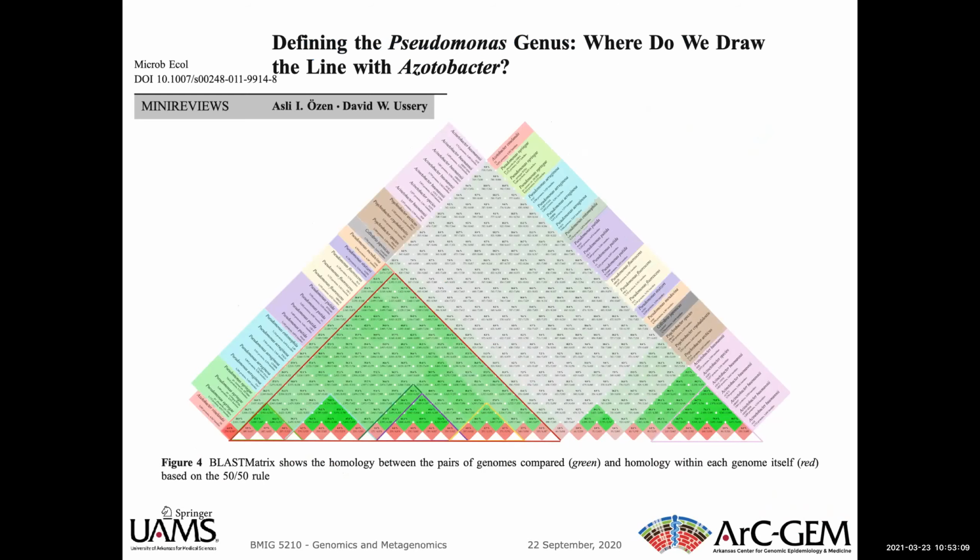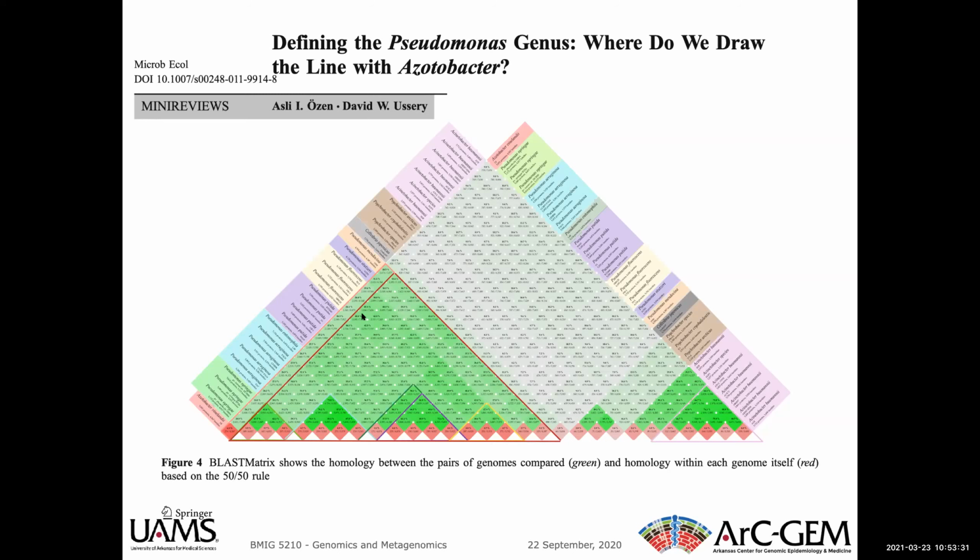So Pseudomonas, and this is a wonderful paper from Assemblies, one of my students. And the question is, Azotobacter is supposed to be a completely different genus outside Pseudomonas, but if you actually look where Azotobacter lives, see, this is all green here, and see, these are all Pseudomonas.